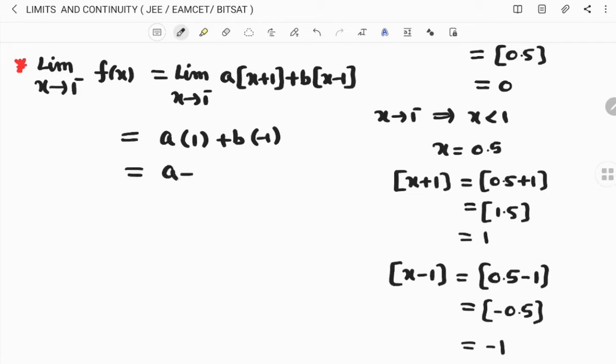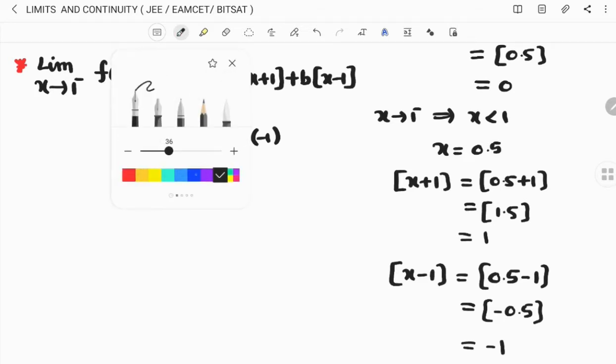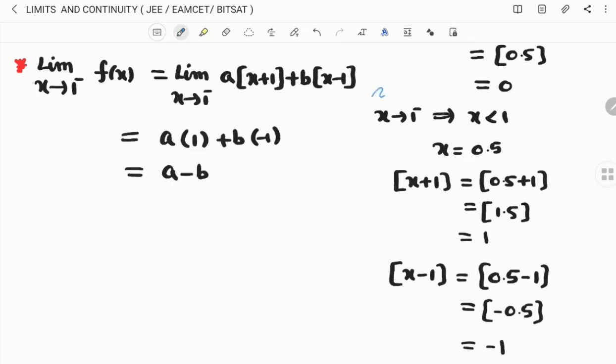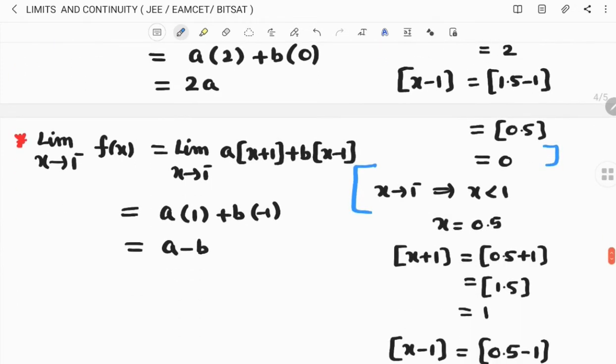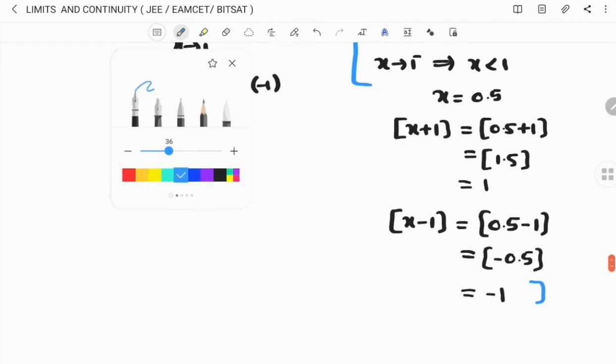So a minus b is limit x tends to 1 minus f of x. So this is regarding x tends to 1 minus, and this is regarding x tends to 1 plus. Now the function f of x is continuous.